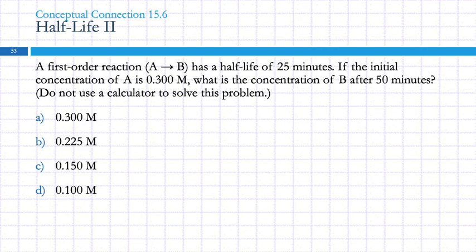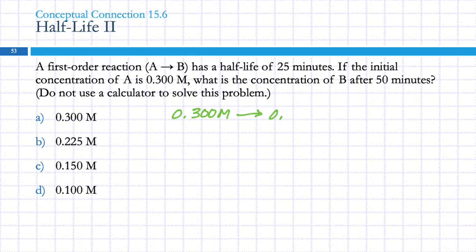First order reaction A to B has a half-life of 25 minutes. If the initial concentration of A is 0.3 molar, what is the concentration of B after 50 minutes? Do not use a calculator to solve this problem. So we start with 0.300, and after one half-life, that gets cut in half, right?